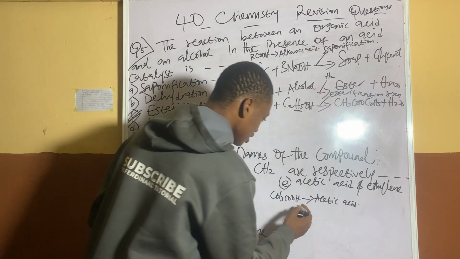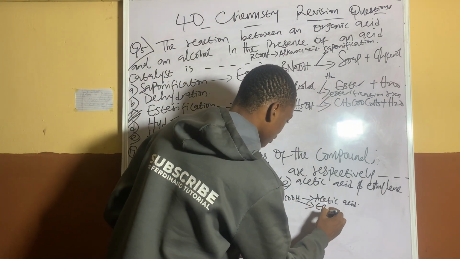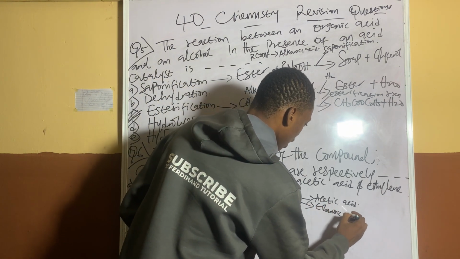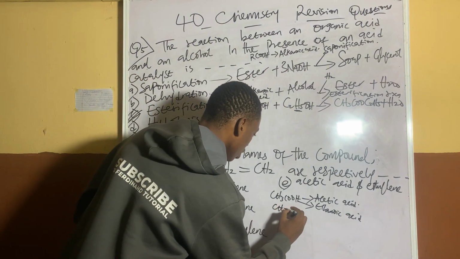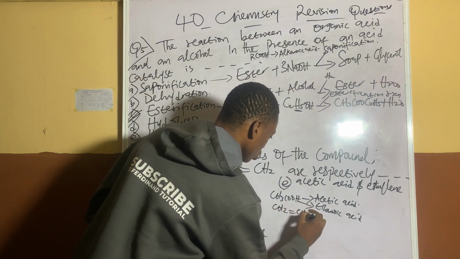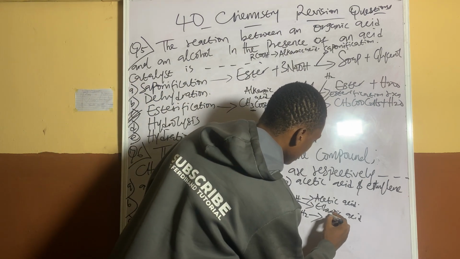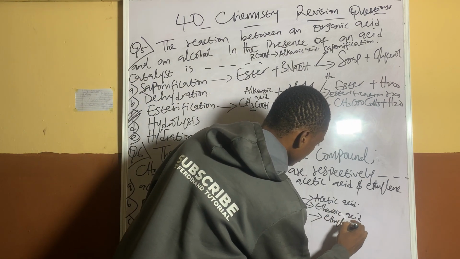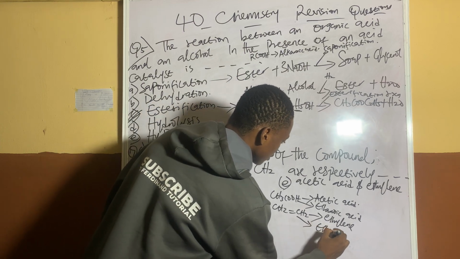So it's acetic acid. The IUPAC name is ethanoic acid. For CH2=CH2, the common name is ethylene. The IUPAC name is ethene.